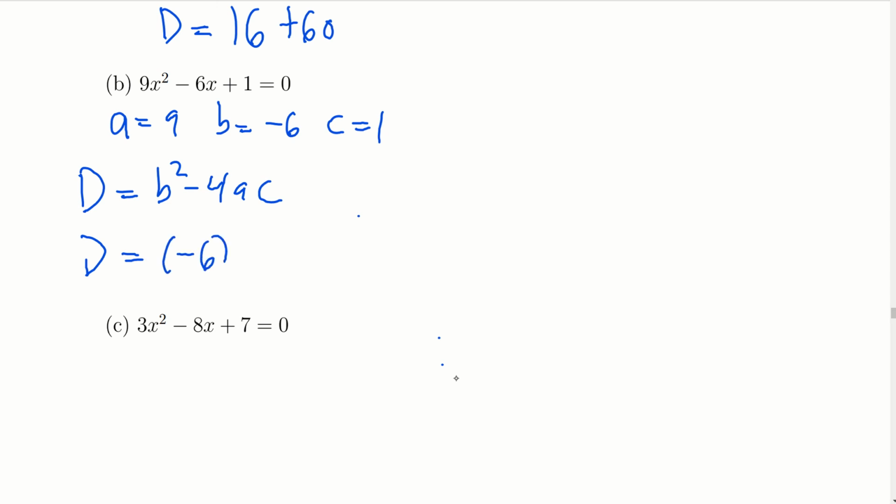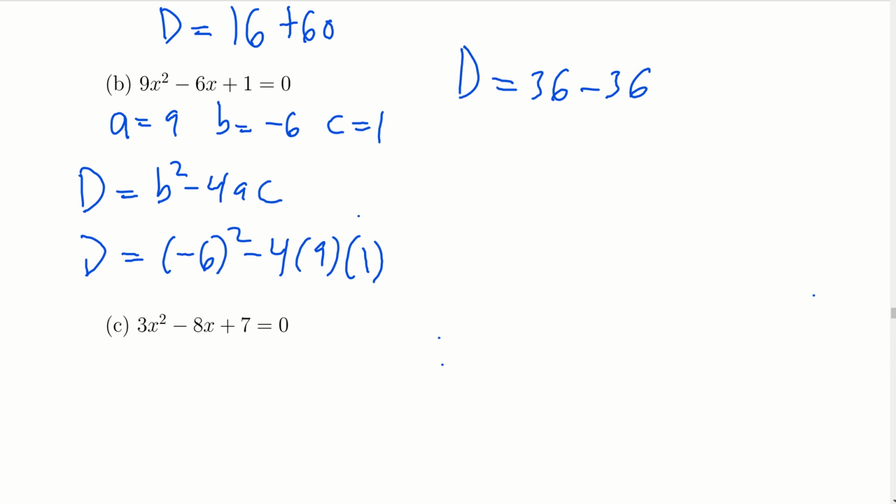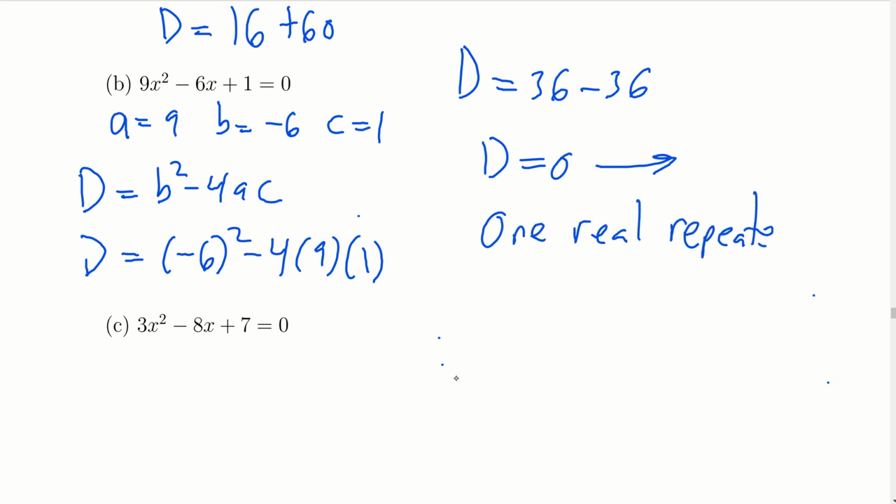This is going to be negative 6 squared minus 4 times a times c. Negative 6 squared is 36. Negative 4 times 9 is negative 36, times positive 1 will be negative 36. And then 36 minus 36 is 0. Because the discriminant is 0, that means we will have one real repeated solution, or you can just simply say one real solution.